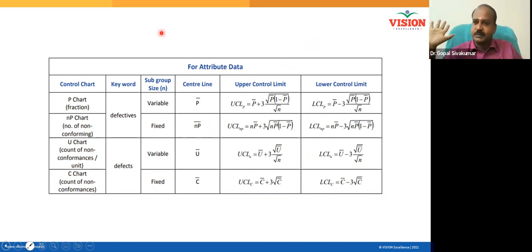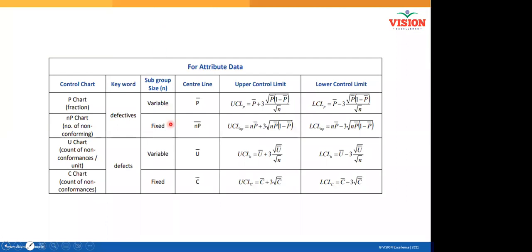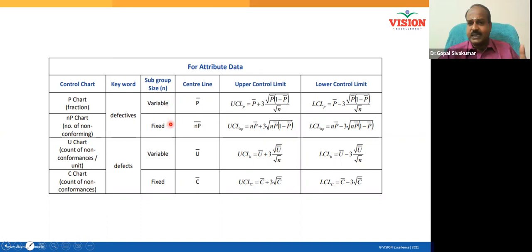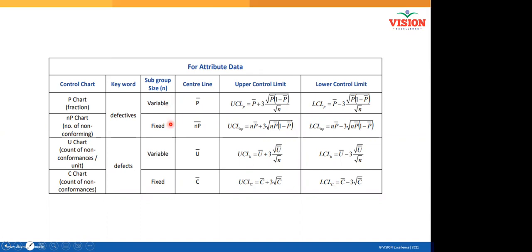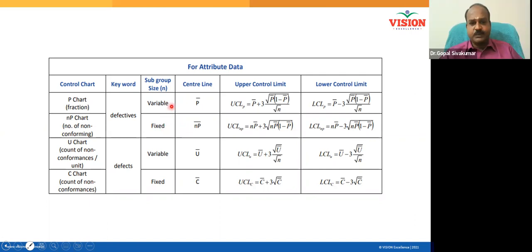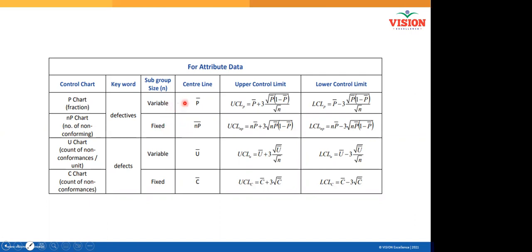Now tell me what is your subgroup size? 10. Suppose if you keep changing the subgroup size according to the production unit, now your subgroup size is variable. Do you understand the two situations? Irrespective of the number of units produced, if you always take 10 samples, your subgroup size is fixed. Now you should plot NP chart. But if the subgroup size is variable, you should plot P chart.